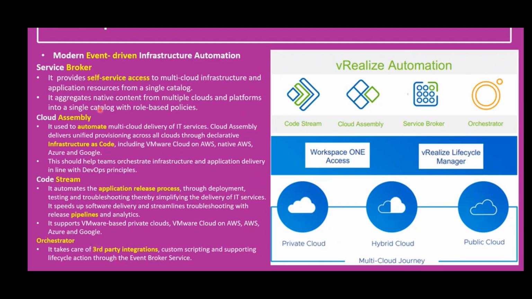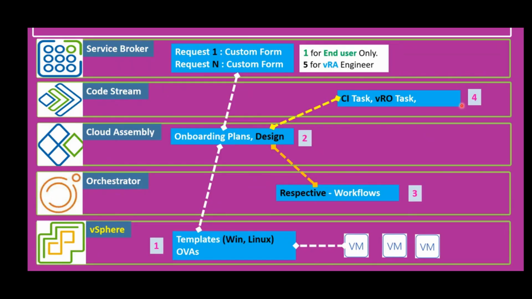These are the four main components available. Just for our easy understanding, I will try to explain the VRA common usage model. If you understand the usage model, it's easy to understand the remaining use cases for all of VRA. So this is the diagram; let's start from left to right. In the VRA common usage model, the first box explains vSphere.